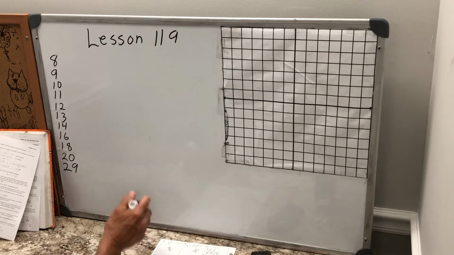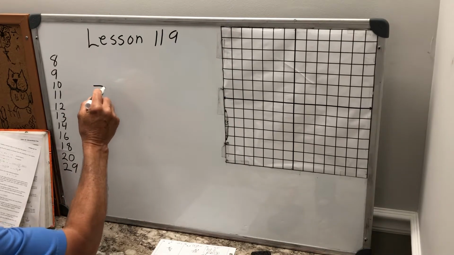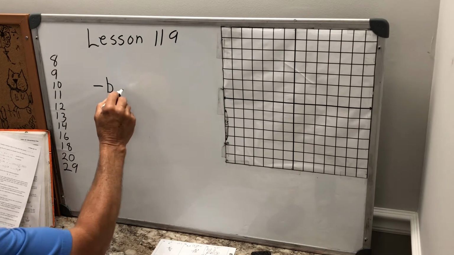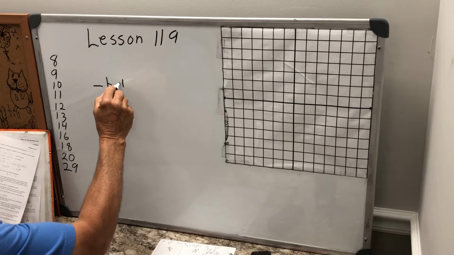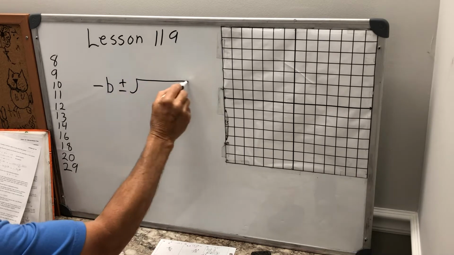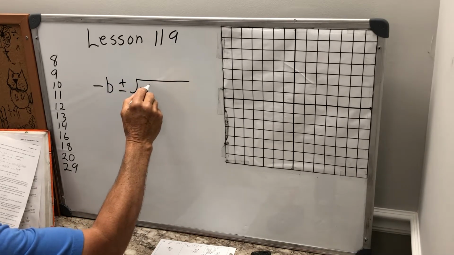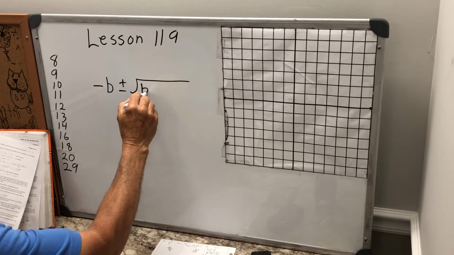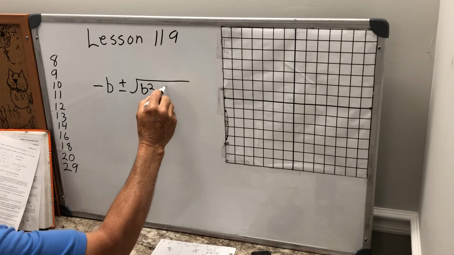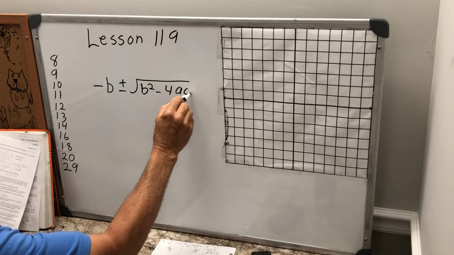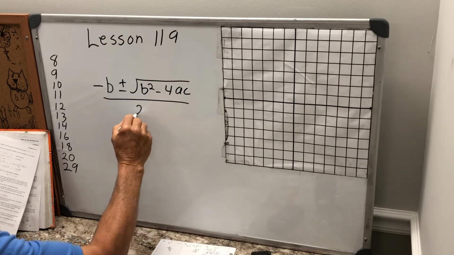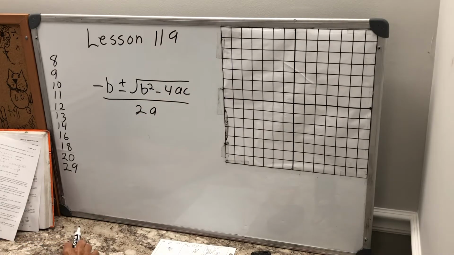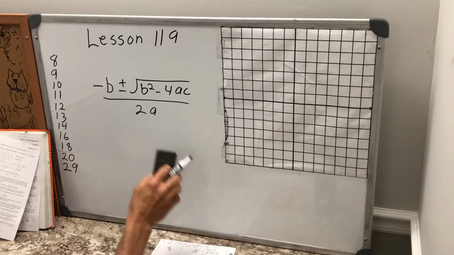It's negative b plus or minus the square root of b squared negative 4ac over 2a. You need to be able to write that out from memory. So make sure that you learn it thoroughly.